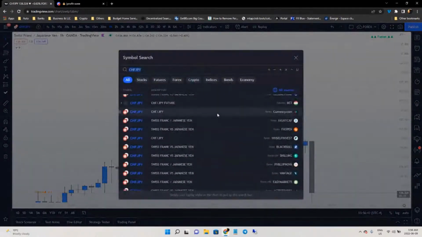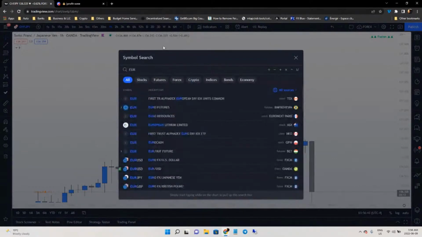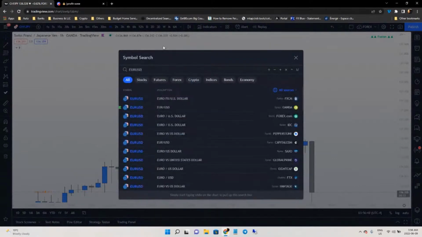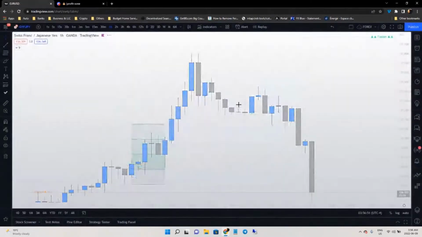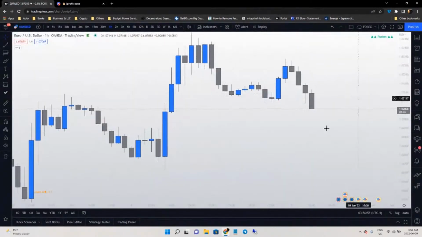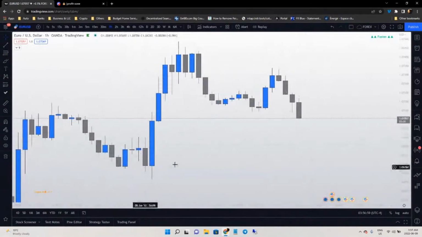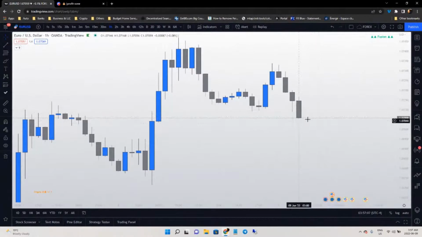But let's see. Yeah, Euro USD, I'm looking maybe to have the price going in that region here for a sell. So that would be a good setup here to take.